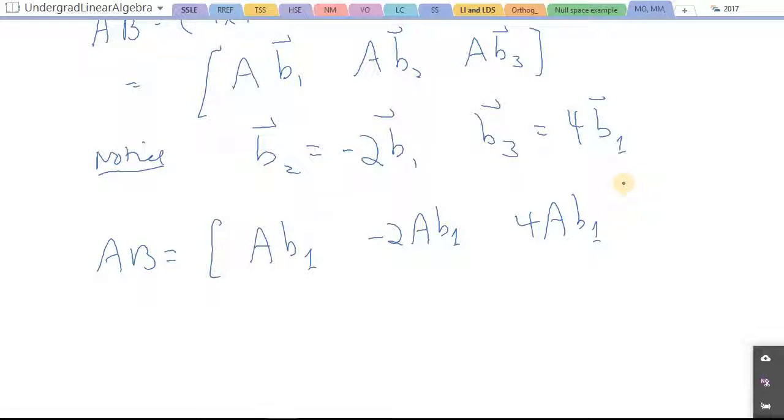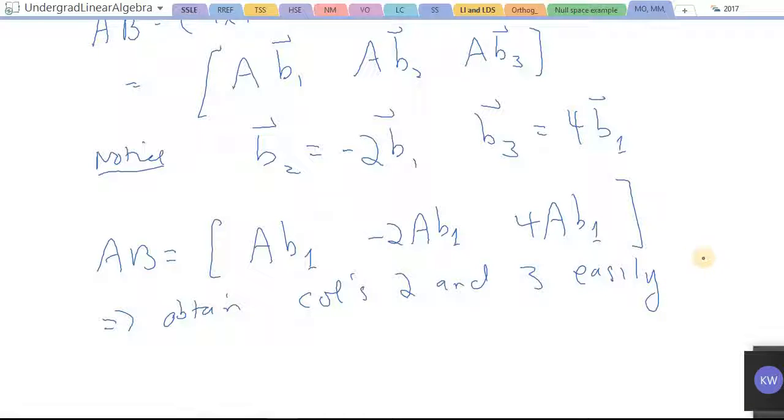All right. So what that means is I only need to calculate AB1, and I can obtain the other 2 columns easily. You can obtain columns 2 and 3 easily from column 1.